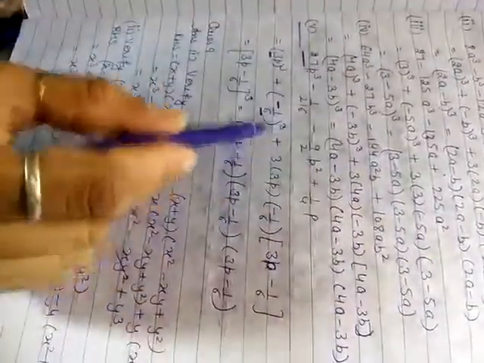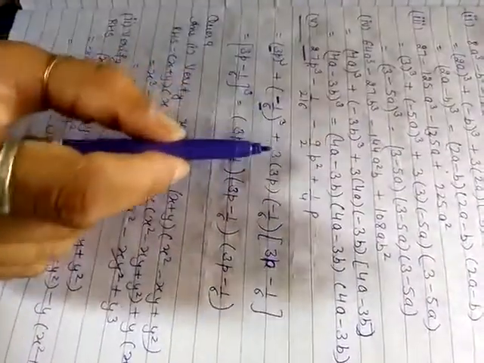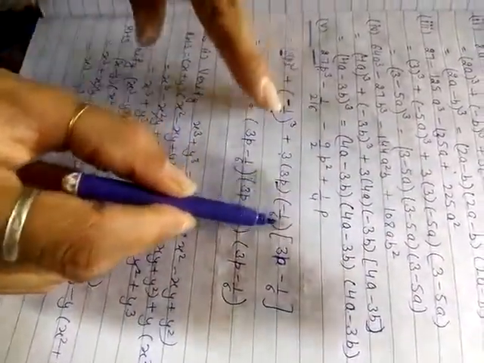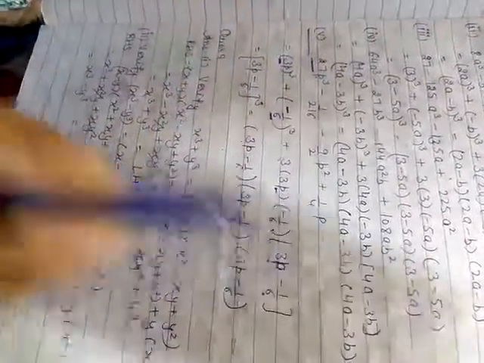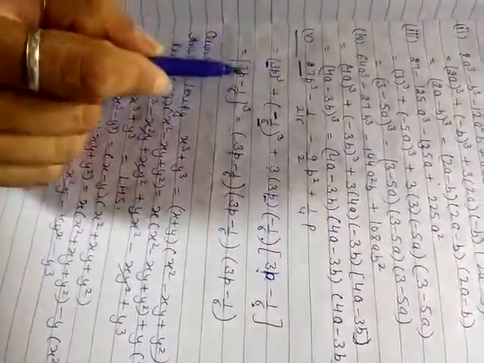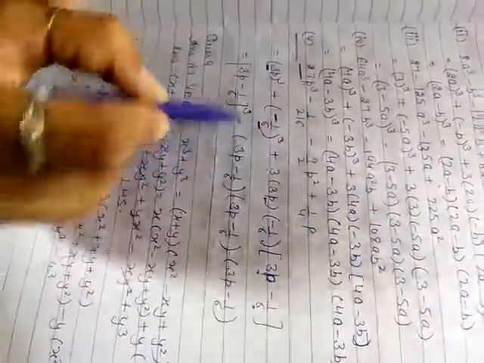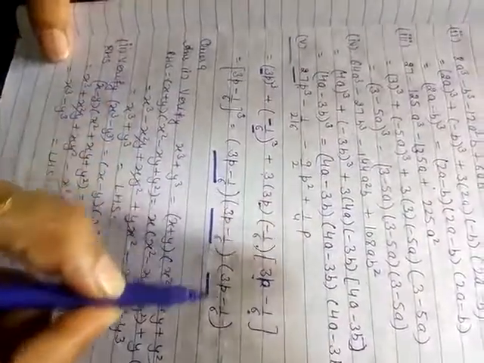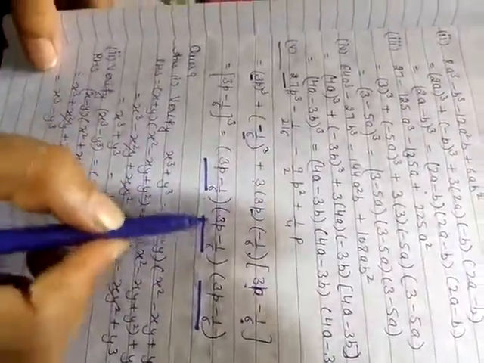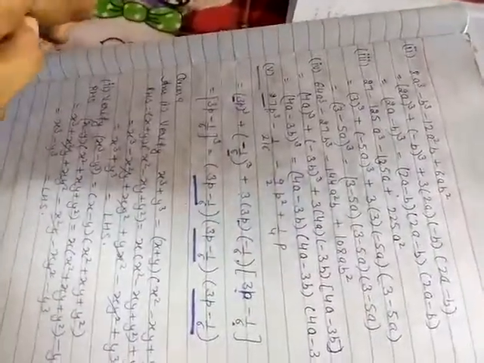So this one, then that is a cube minus b cube and 3ab into a minus b. So that is the identity of a minus b whole cube, and cube means that will be 3 times. So 3p minus 1 by 6, 3p minus 1 by 6, 3p minus 1 by 6, so that will be its answer. Clear? Then next is the ninth sum.